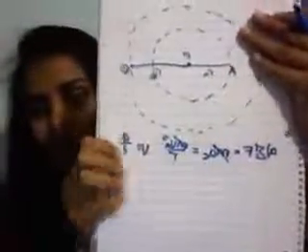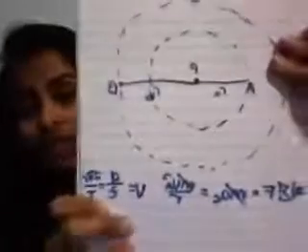Alright, so we have an issue because we don't know v sub A, which is the velocity of the star. But we know that velocity is equal to distance divided by time, right? So the distance, because it's a circle, is going to be 2 pi r, which is the circumference, divided by the period, which is the time it takes to complete 1 revolution, alright?